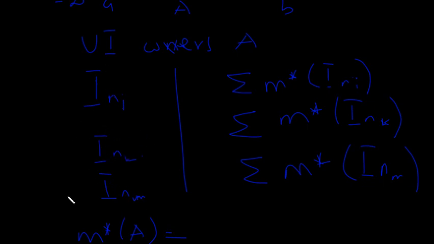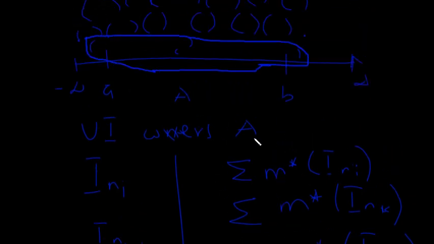If I am able to find all these sums of outer measures, the one with the least value should be the outer measure of A. Are we getting it?